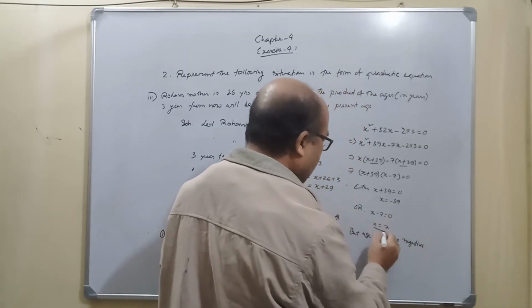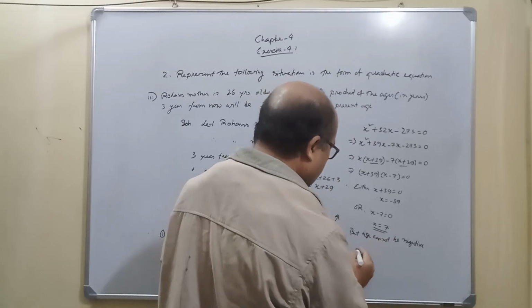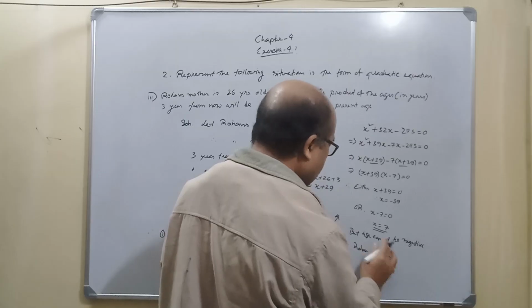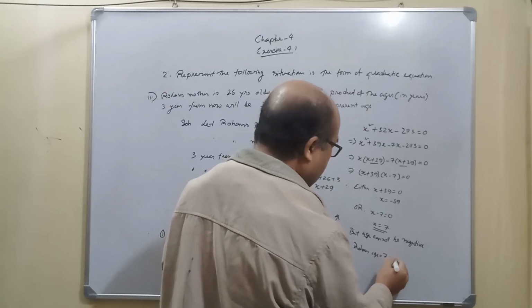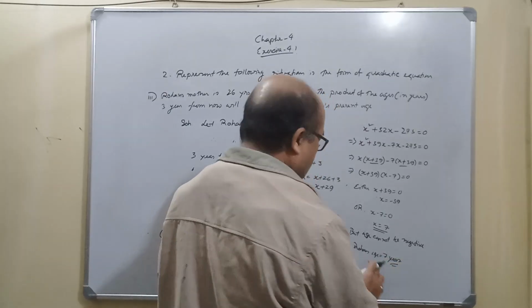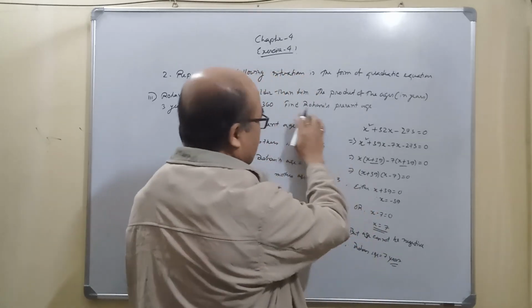Hence we take the value of x as 7. Hence Rohan's age is x equal to 7, and you write the unit also, 7 years. That is the solution.